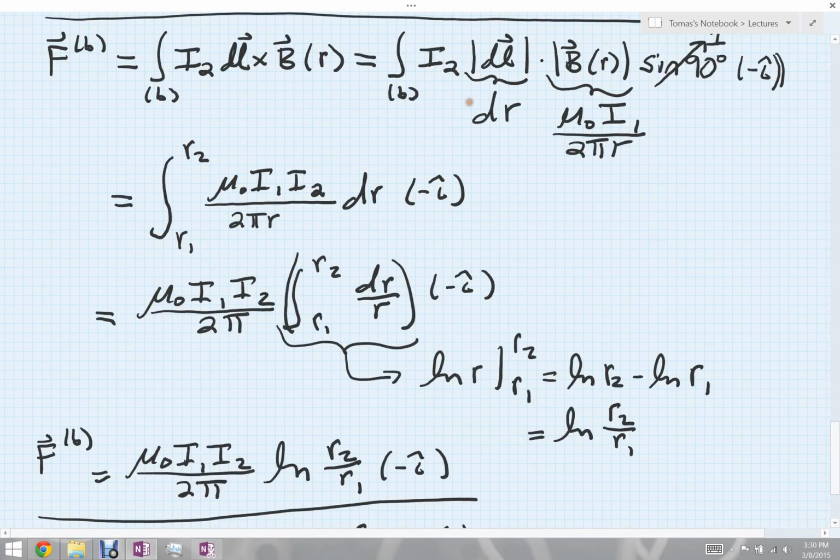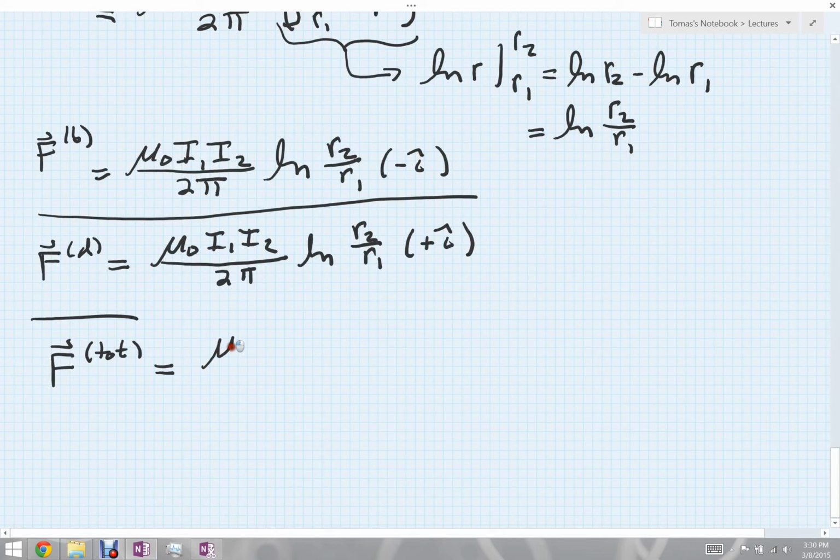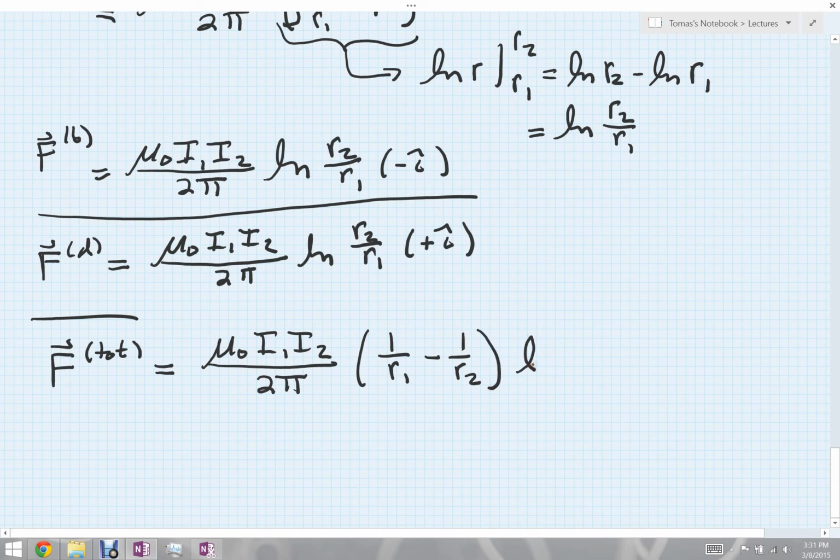So there I have all of my factors, mu naught I1, I2 over 2 pi. The bigger of the forces, of course, is R1. So I have 1 over R1 minus 1 over R2. These all multiply the length of the loop L, and the final direction was downward, so this should be in the minus j hat direction.